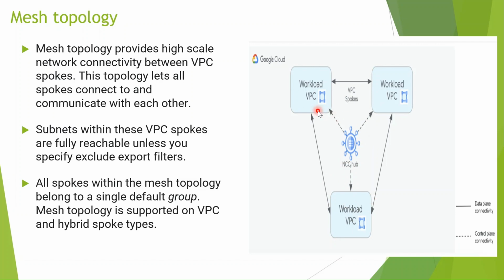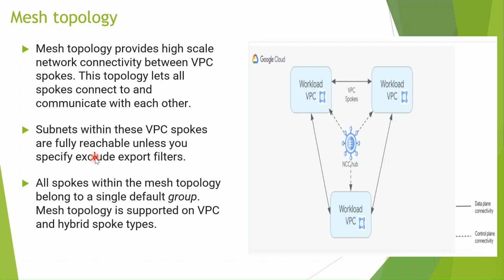So in a full mesh, each VPC can connect to each other. If you have 100 VPC spokes, all can communicate with each other, and the subnets within these VPC spokes are fully reachable unless we specify some exclude export filters.